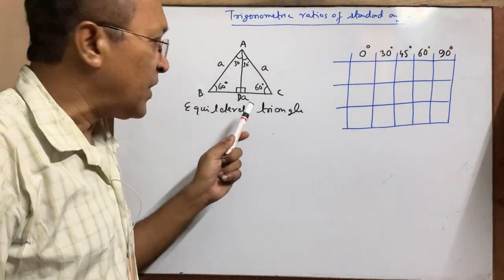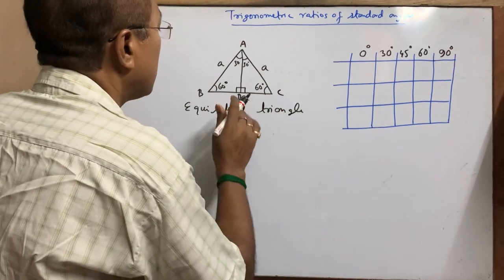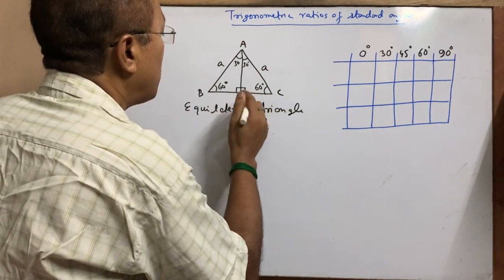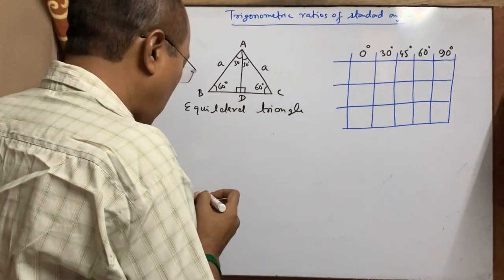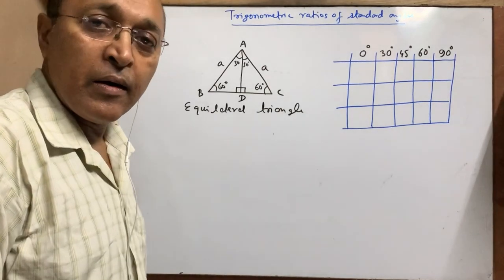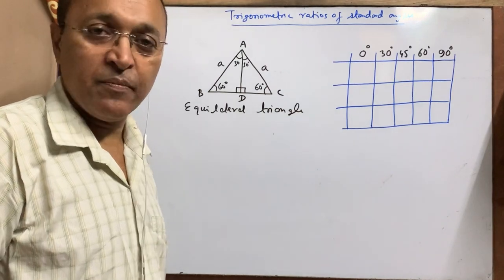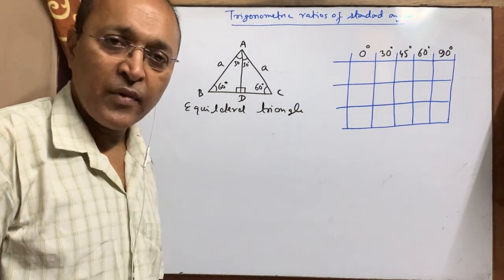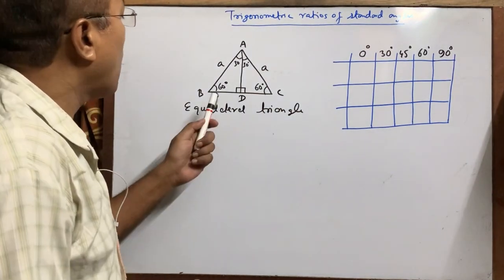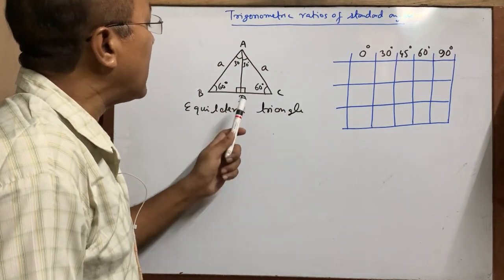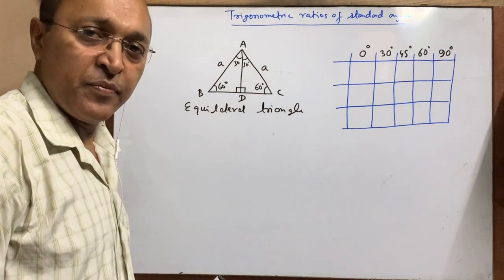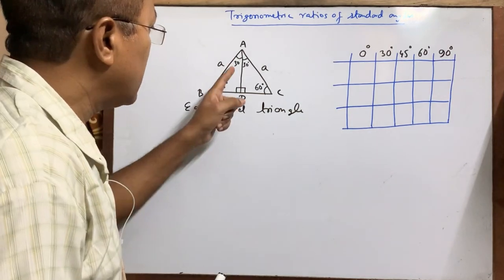So what we got? ABC is an equilateral triangle, each angle 60 degree, all of you know very well. AD being perpendicular, or AD can be considered as the angle bisector of angle BAC or angle A, whatever. Now think about triangle ADC. What are we getting?